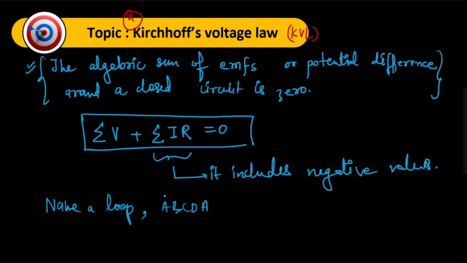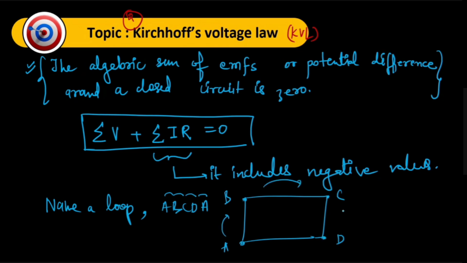First you went from A to B, then B to C, then C to D, and then again you came back to A. So it must be a closed circuit like this. I'm starting from here: A to B, B to C, C to D, then D to A.